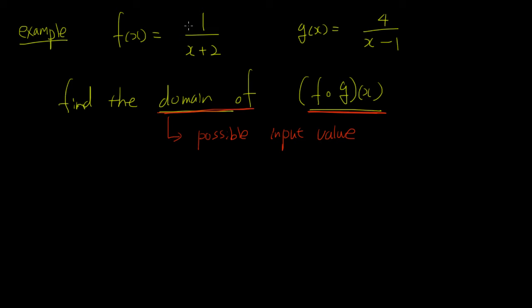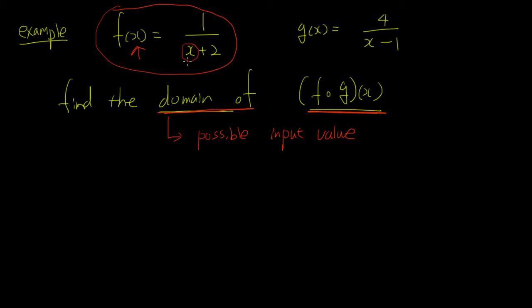For example, this function right here, can we use any number in place of x? Because x is the input value, right? Can we use any number, any value here? Well, almost yes, but there's one x value that we do not want to use. And what would be that number?